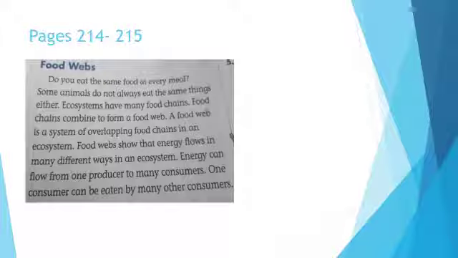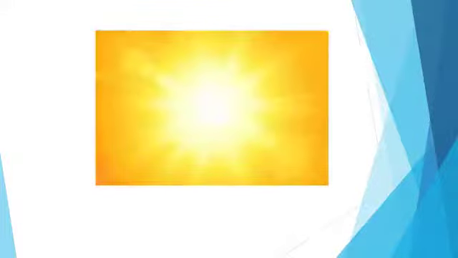Food webs show that energy flows in many different ways in an ecosystem. Energy can flow from one producer to many consumers. One consumer can be eaten by many other consumers. All life needs energy. The sun is the ultimate source of energy for life on Earth.